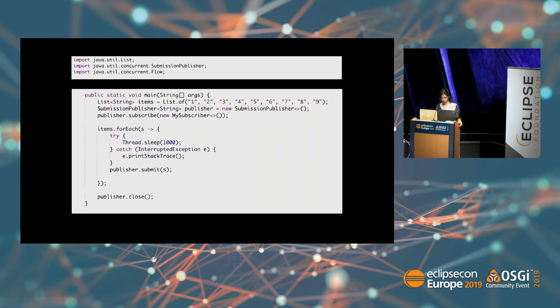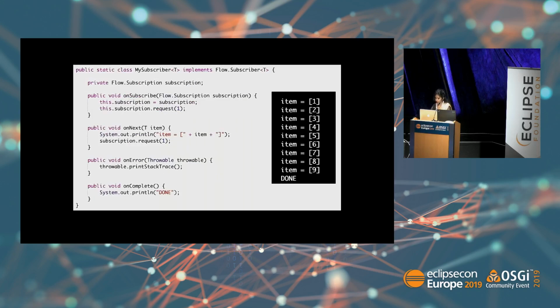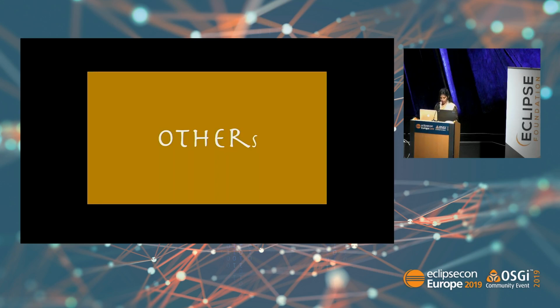So I wrote the publisher's submit. I used the SubmissionPublisher class which Java already gives. That is why I got my submit here. So it takes the submit item function and it invokes the on next. And I have my output here.